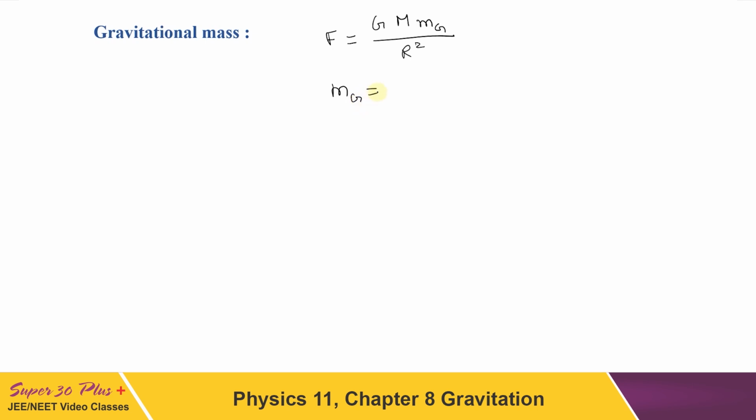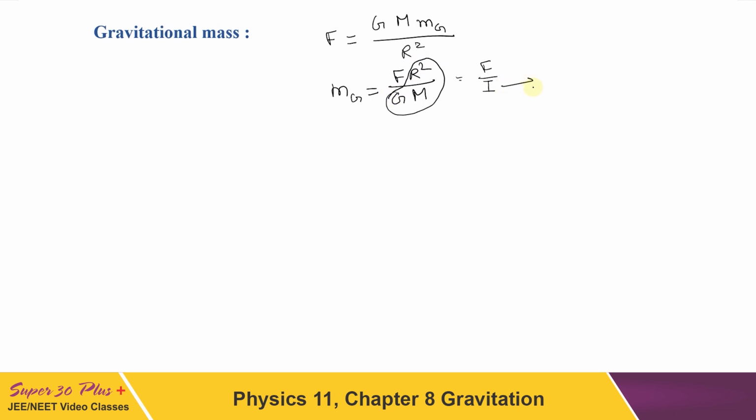So mg can be written as F r² / (G M). This can be written as F / I, where I is a constant equal to G M / r², because these are all constant at the surface of the earth. I have simply replaced the whole term with I. Now we can define gravitational mass as the gravitational pull exerted by the earth on the body divided by some constant.